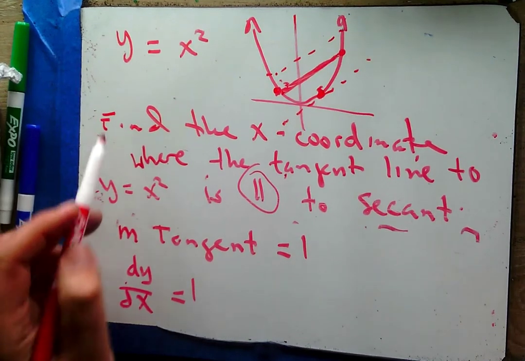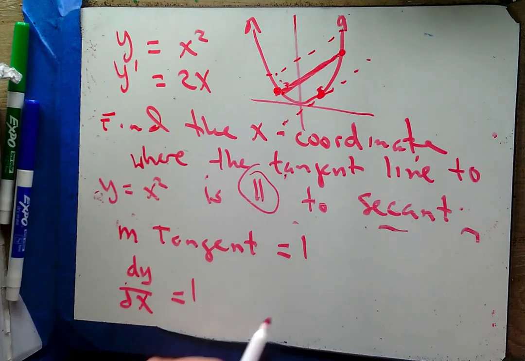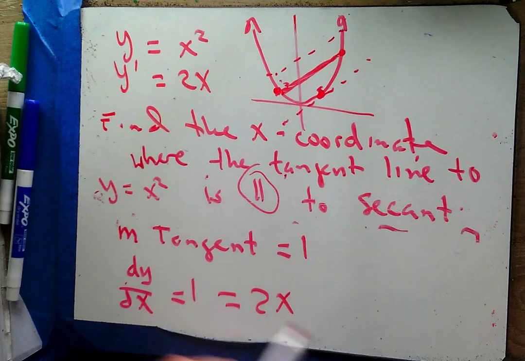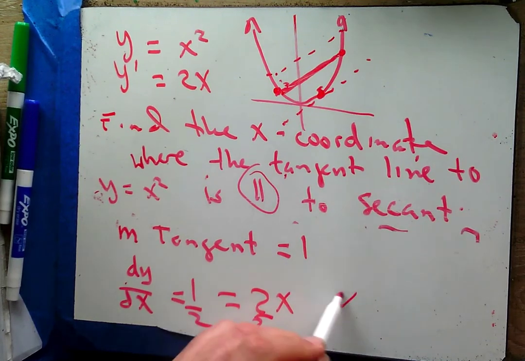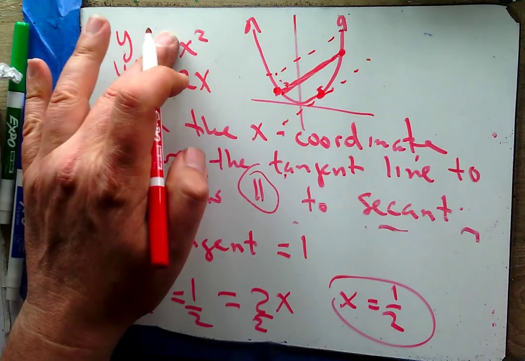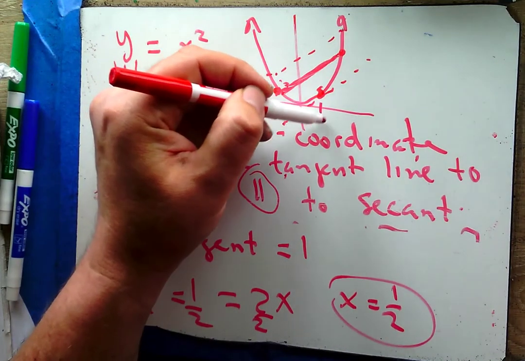So what's dy/dx going to be? Well, y prime is 2x. So I'm wondering when 1 equals 2x. And if I divide both sides by 2, I get x equals 1/2. x equals 1/2 is the place where y equals x squared has a slope of 1. See, this is 1/2.